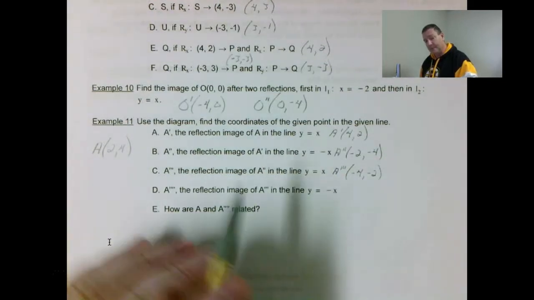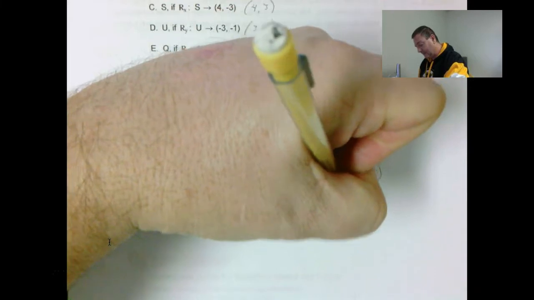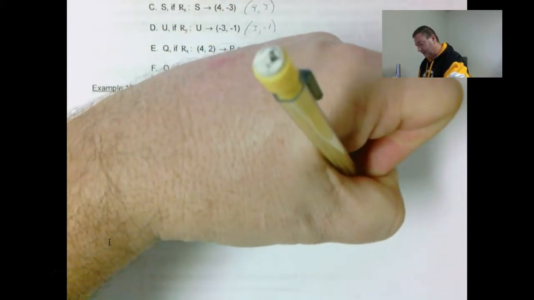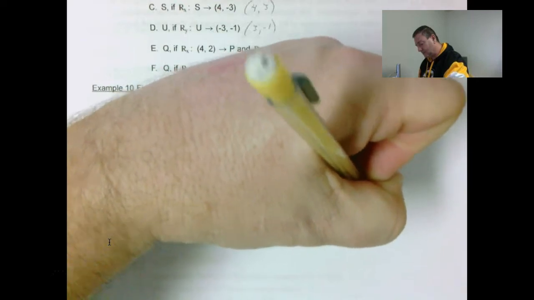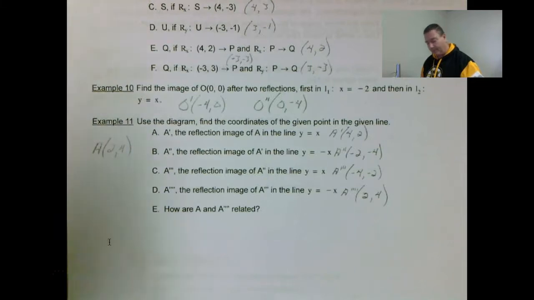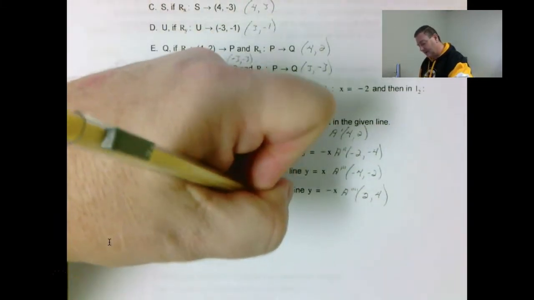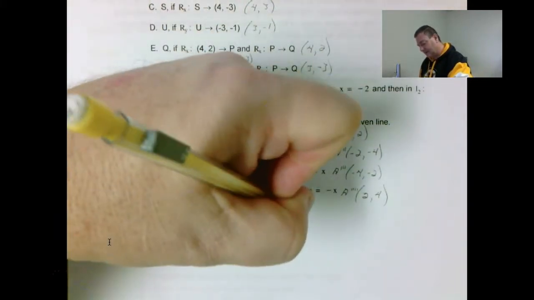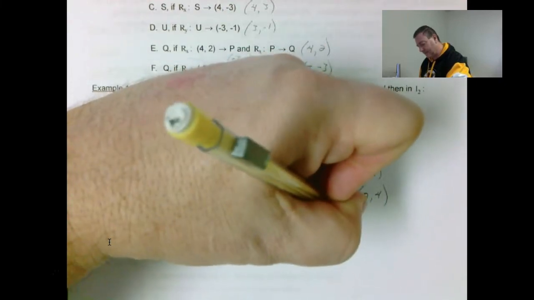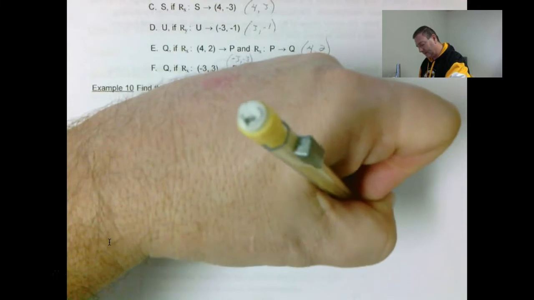Switch them and negate them. A quadruple prime is 2, 4. How are A and A quadruple prime related? They are the same point. Back where we started.